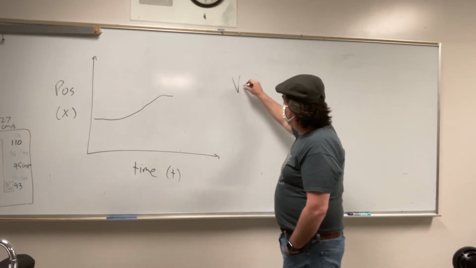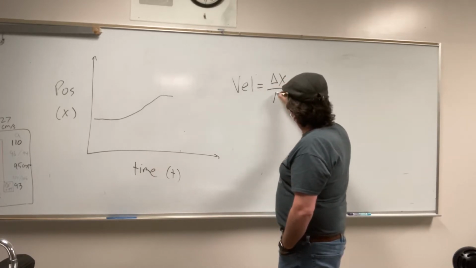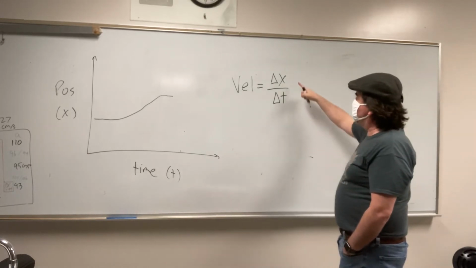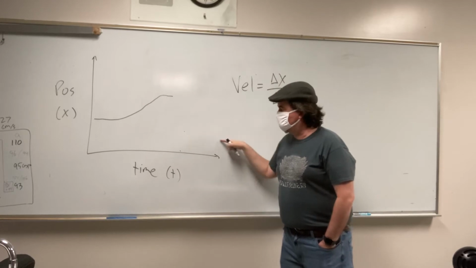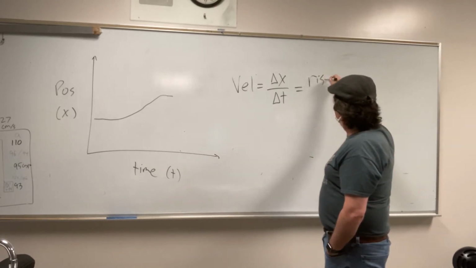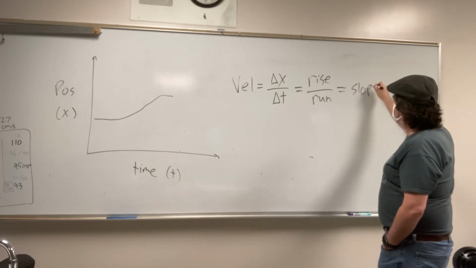So recall that velocity is equal to delta x over delta t. But on this graph, delta x is how much you move up the graph, and delta t is how much you move across the graph. And in geometry, we call that rise over run, or slope.